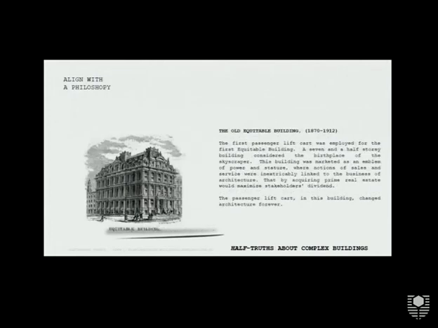I then looked at the beginning of the mechanised complex building. I guess this is what they would consider the first skyscraper. They never had a word for skyscraper back then. It had 5 steam-driven passenger carts, as they called it. And as it turned out, part of the reason why buildings were only a certain height was actually because people were a bit lazy.